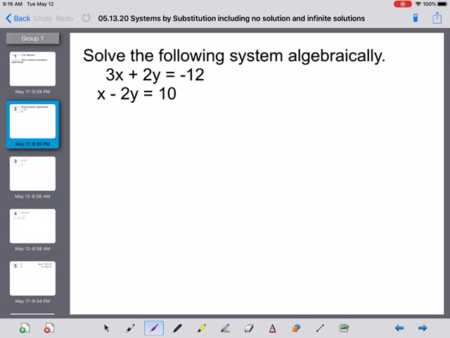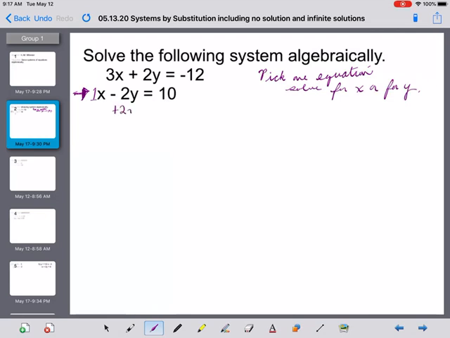We pick one of the equations, and you either solve for x or for y. I like this second equation because the x has no coefficient. Well, it does have a coefficient. What is it? It's 1. So that one will be easier to solve.